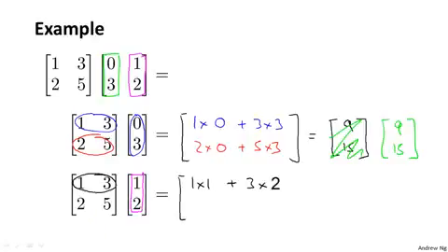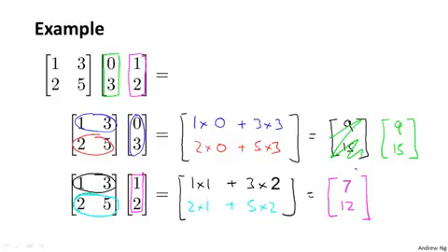And let's do the other one: 2 times 1 plus 5 times 2. And so that is equal to 1 times 1 plus 3 times 1 is 4, and 2 times 1 plus 5 times 2 is 12.